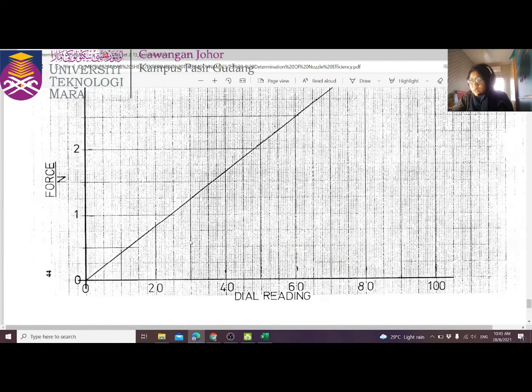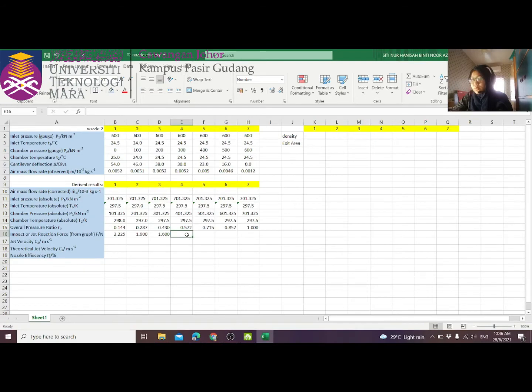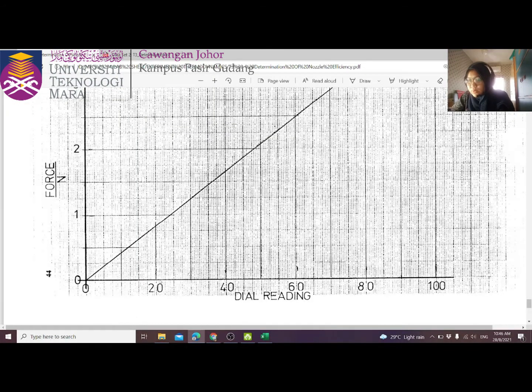So 30 is here. So it should be around 1.225. Next is 23. 23 is around 0.9. So 0.9.